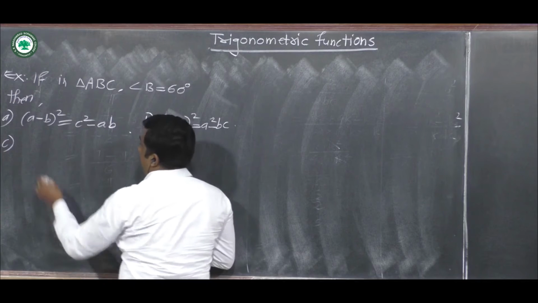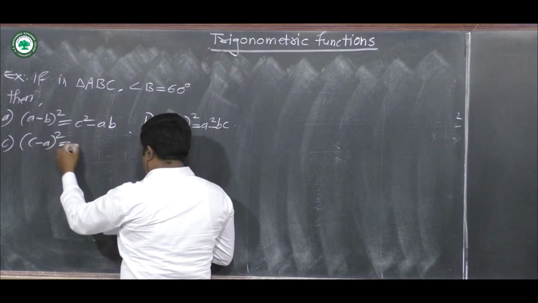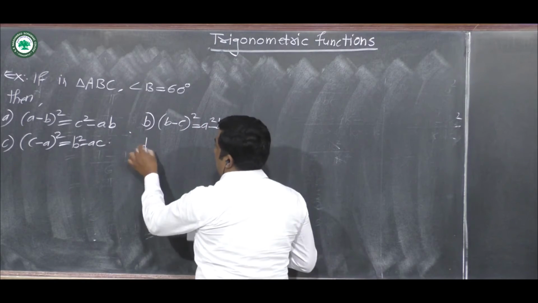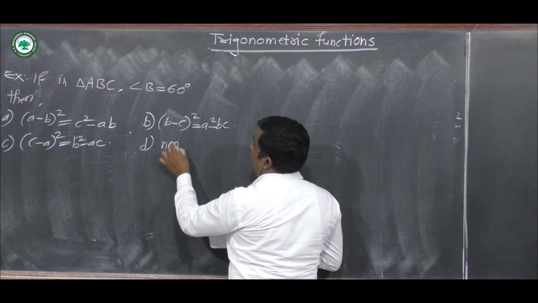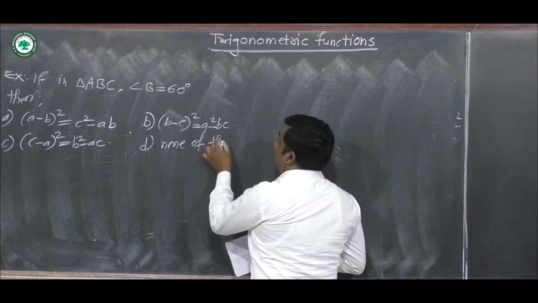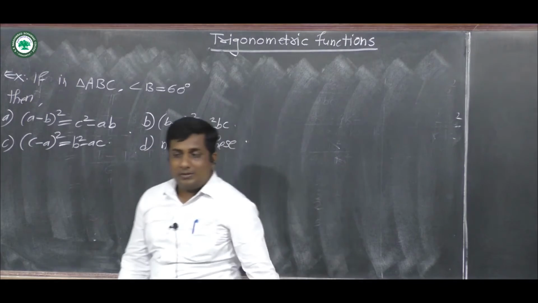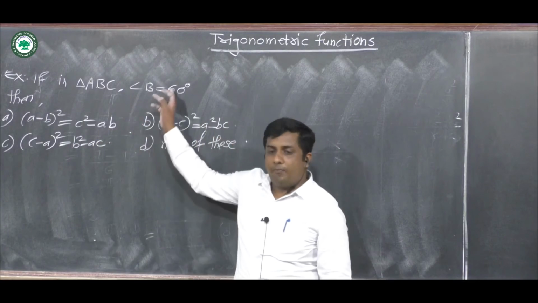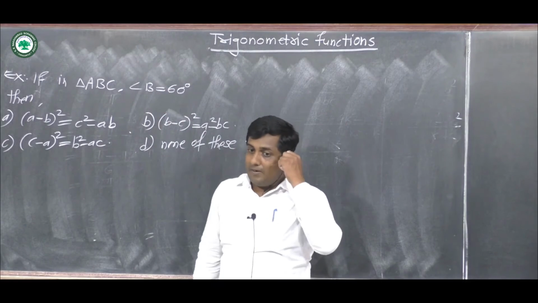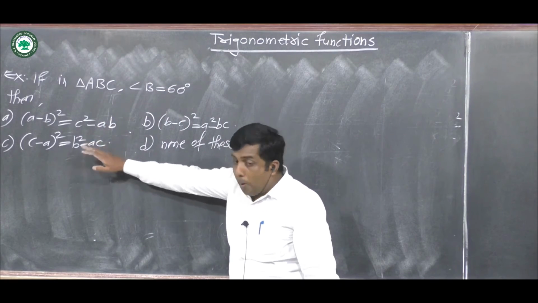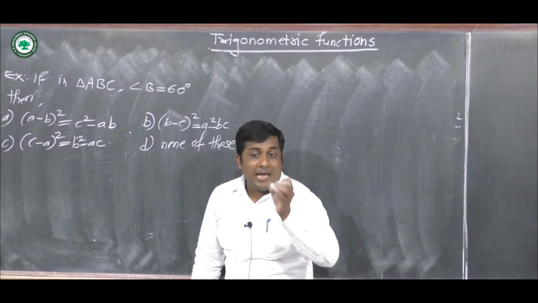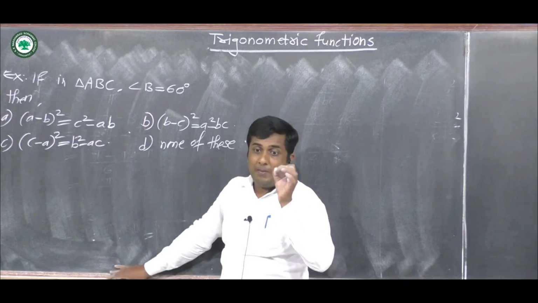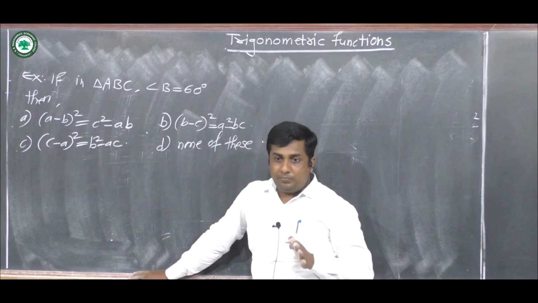In C, given (c minus a) square equals b square minus ac. And in D, given none of these. Here only one angle, angle B, is given, and in the options only the lengths of the sides a, b and c are given.